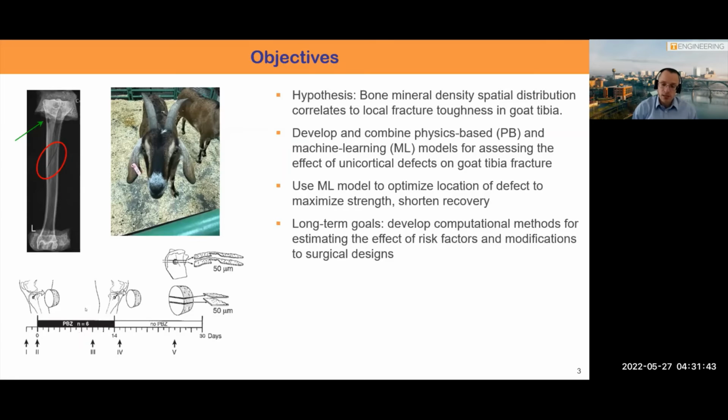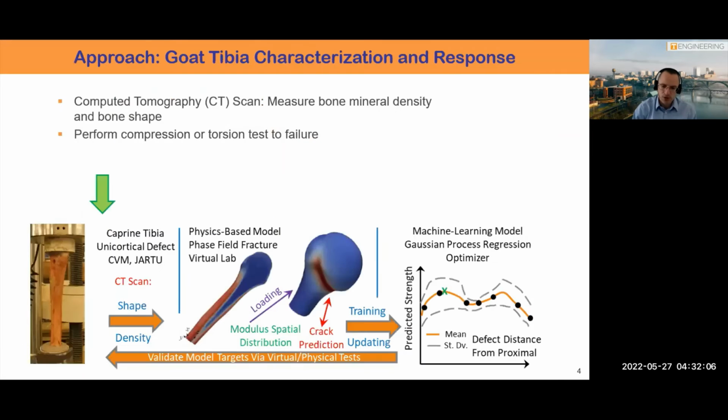We'll use the machine learning model as a virtual laboratory to optimize the location of this defect to maximize the strength of the bone and to shorten the recovery after the placement of the defect, with the long-term interest of using these computational tools to help with estimating the effect of risk factors and to modify surgical approaches.